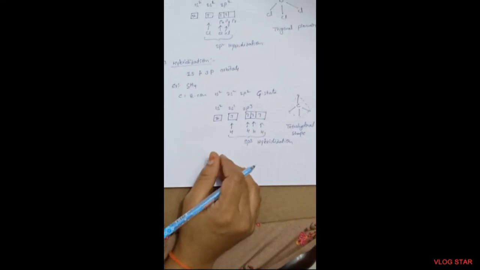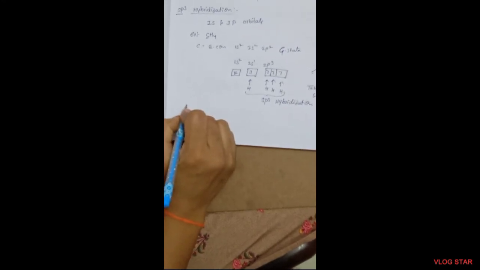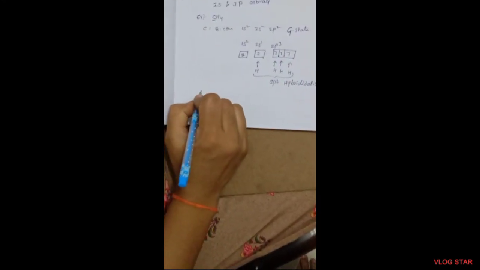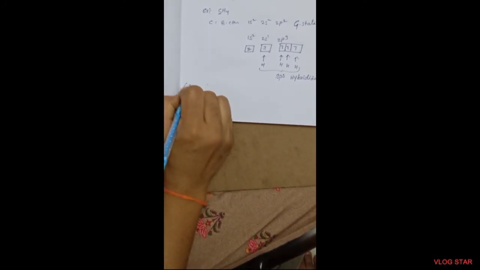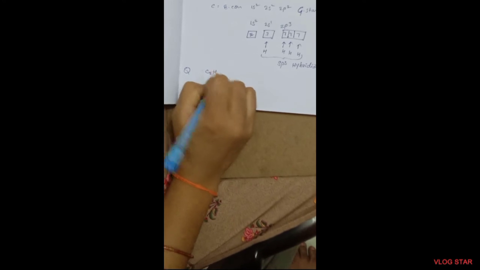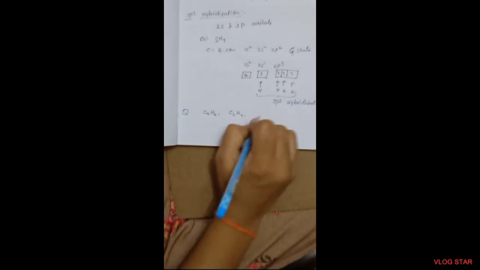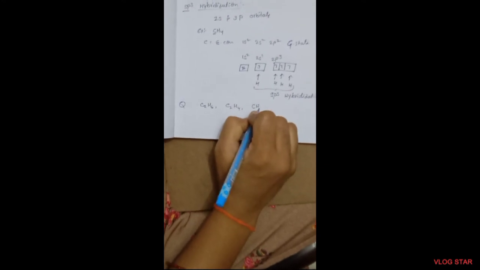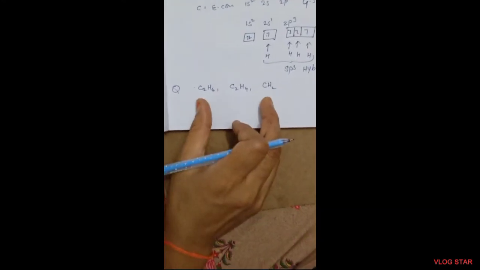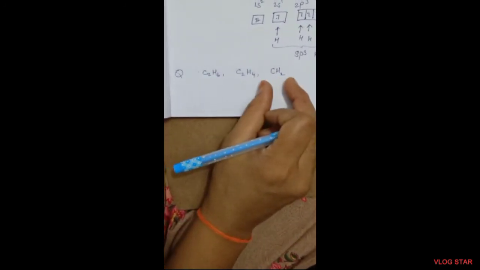See here, I'll give one question on alkanes and alkenes. Write C2H6, C2H4 and C2H2. For each of these complexes, write the hybridization.